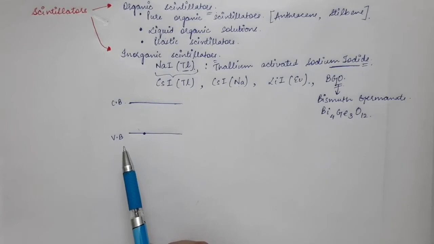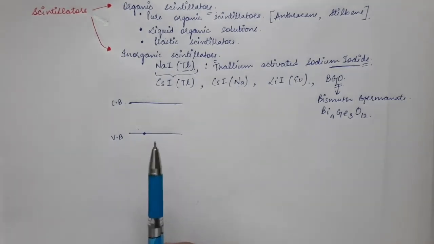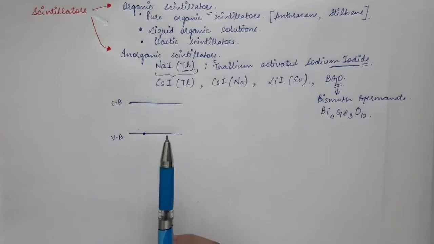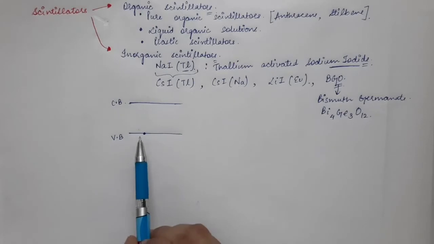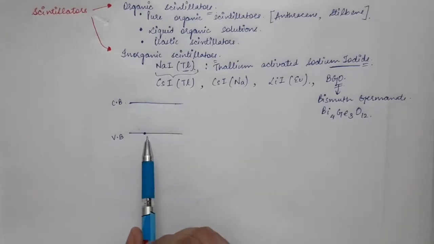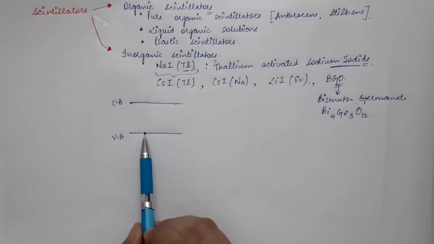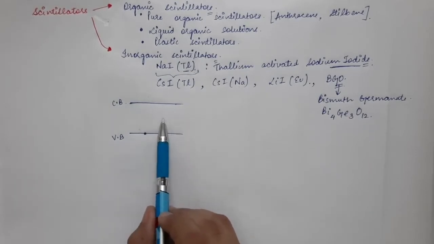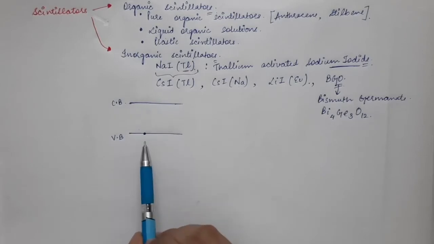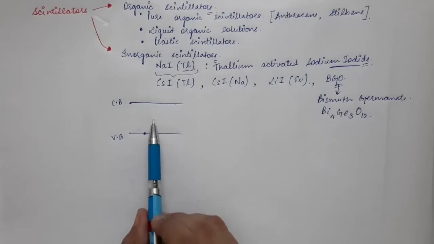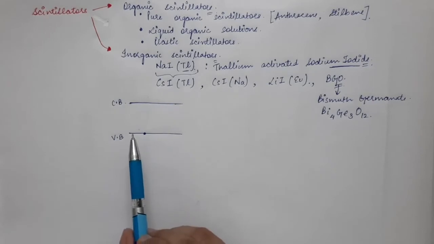So here comes the property of an ideal scintillator that we have seen, that the scintillator must be transparent to its own light which is emitted. So we cannot use the pure form of sodium iodide.